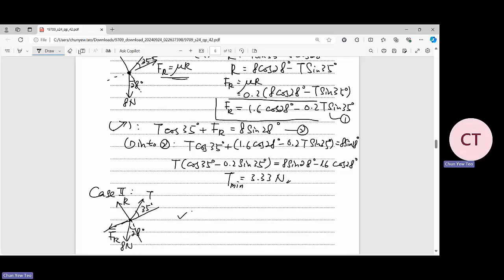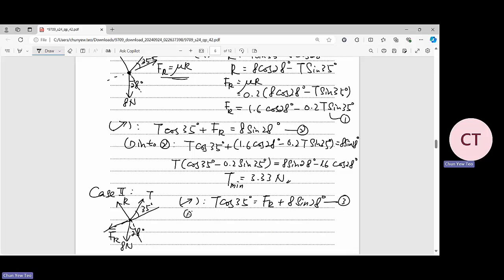We do not need to find the frictional force anymore, just use the frictional force from equation number one. The only change is the frictional force, which doesn't affect the force perpendicular to the plane. So we just need to consider the directions of force along the plane. It will be T cos 35 equals F_R plus 8 sin 28. I call this one equation number three.